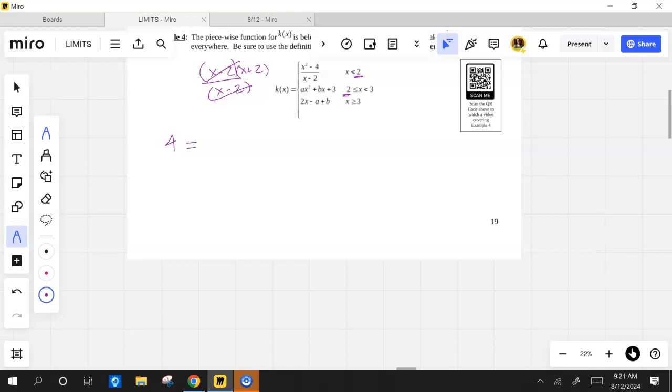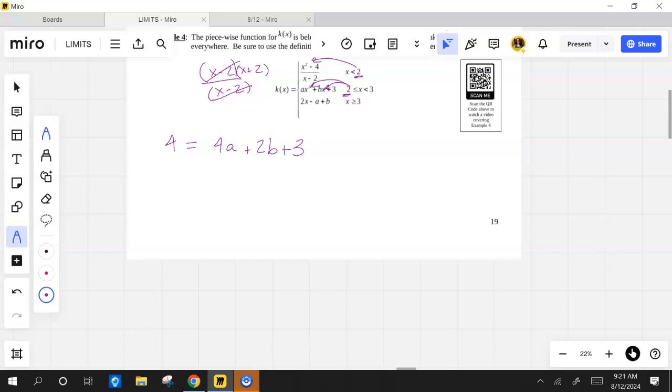I need 4 to equal 4a plus 2b. Well, I'm going to have to use that equation. All right, watch. This is why y'all got to pay attention. When I plug this in for x, I need to get the same thing as when I plug in x here, right? I've got this equation.